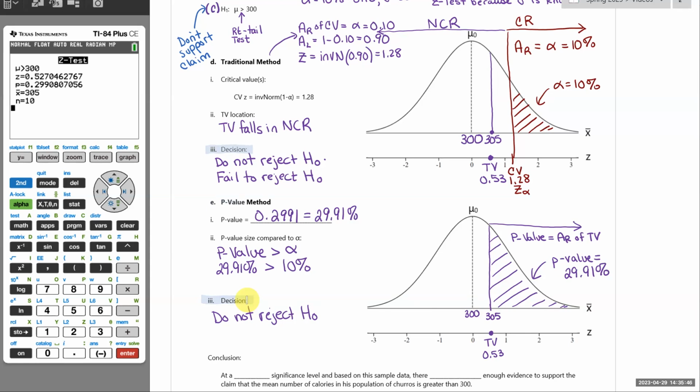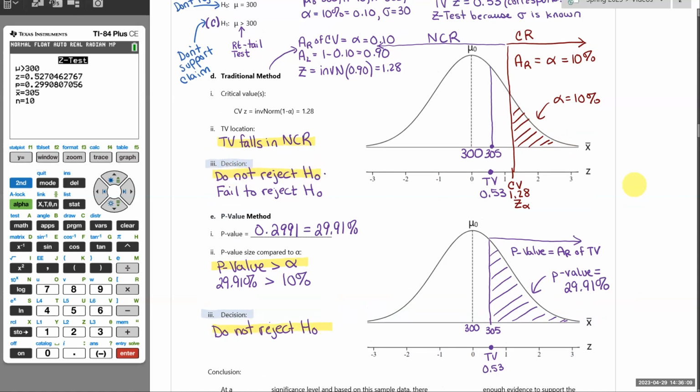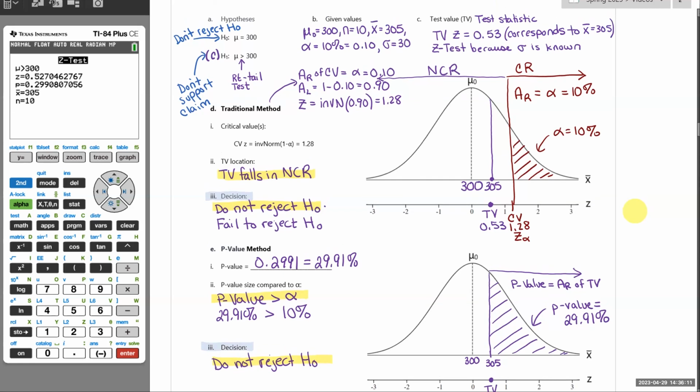All right, so anytime your test value is not in the critical region, so it's not out here, that guarantees your p-value area is going to be bigger than your alpha. And both of those things lead to the decision, do not reject the null. All right, so the conclusion would be the same regardless of method.